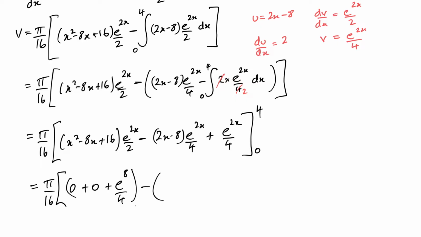Let's substitute in the 0. So that's 0, 0, 16. So 16 times e to the 2x over 2. So that's going to be e, my apologies, so e to the 0, isn't it? That's just going to be 1. So we get 16 times 1 over 2. So that's going to be 8.